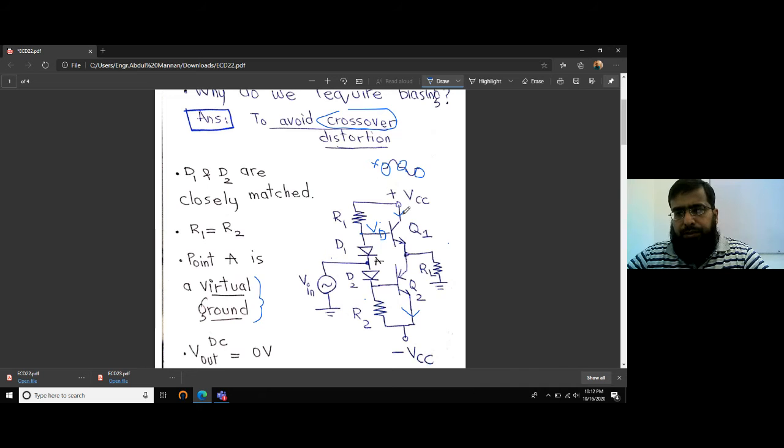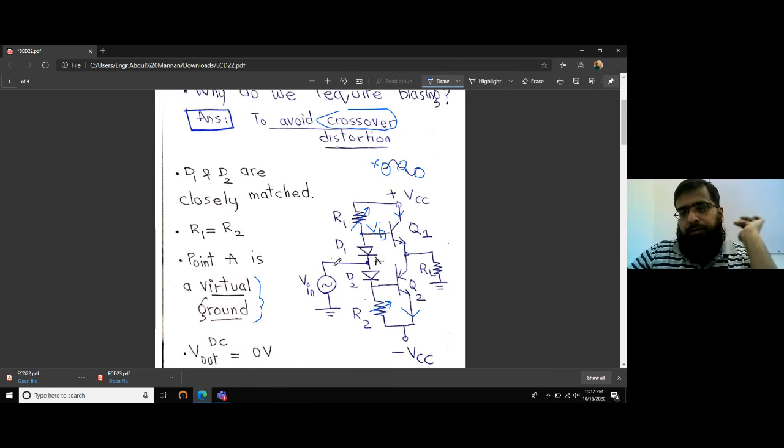So we want to change the current IC here. Why is this circuit called a current mirror? Because we cannot control this IC and this IC directly, but we can change it by changing R1 and of course R2, because they have to be the same all the time.